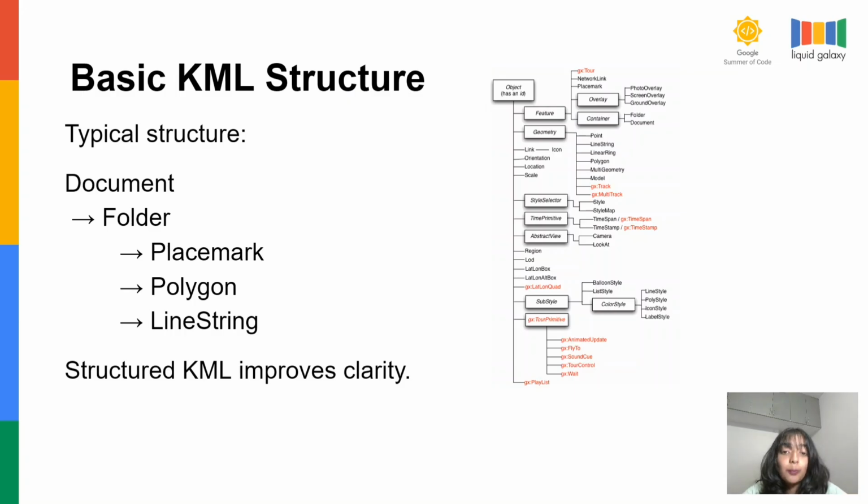You are grouping related responsibilities together. When someone else, perhaps a mentor or a teammate, reads your KML file, they should immediately understand your architecture. Structured KML is effectively self-documenting. It communicates your design decisions through its very shape. In the collaborative world of Liquid Galaxy development, this is a vital skill.